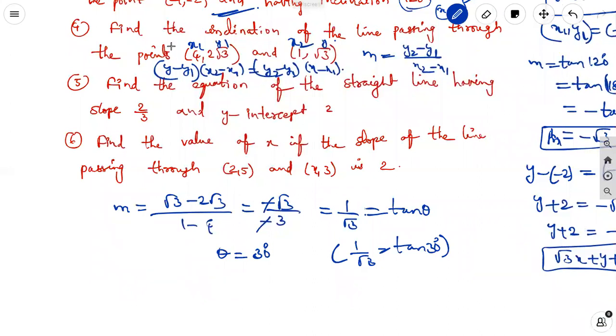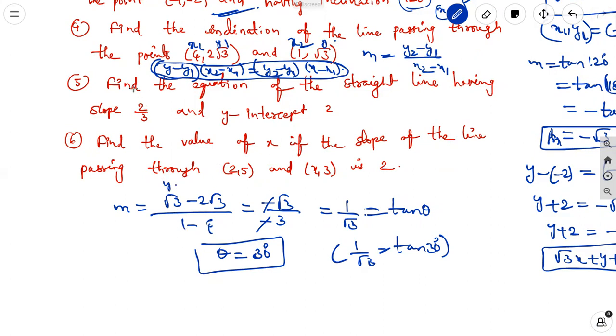They are asking only for the inclination of the line passing through the points, so no need to find the straight line equation. If they are asking the straight line equation, then we should substitute the points in the formula. Only if they are asking the inclination, we should find the angle. For that angle, we can take the slope formula y2 minus y1 by x2 minus x1.